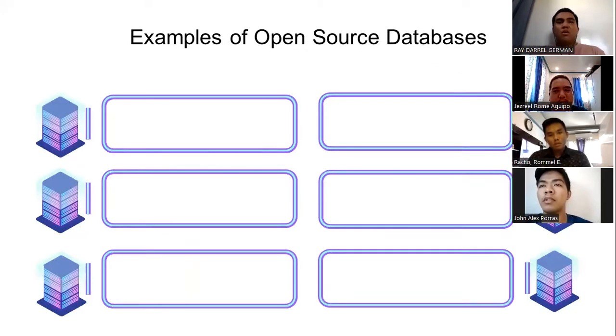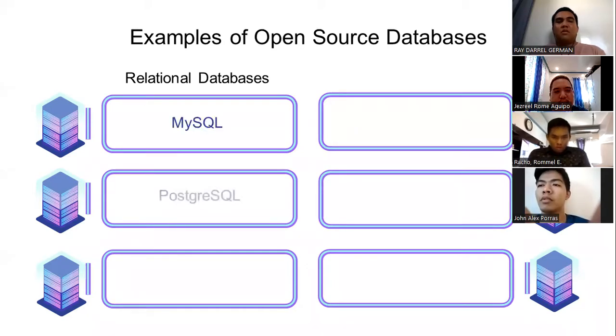Examples of open source databases. In relational databases, here are the examples: MySQL, PostgreSQL, and MariaDB.